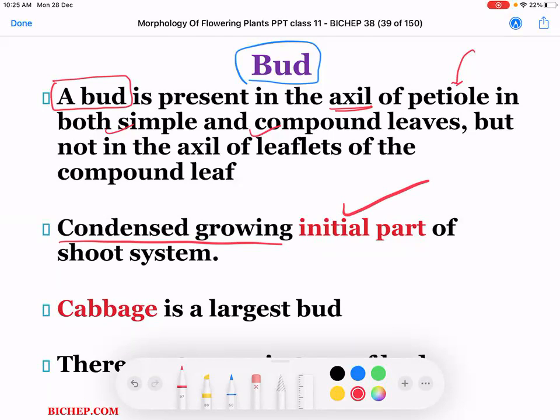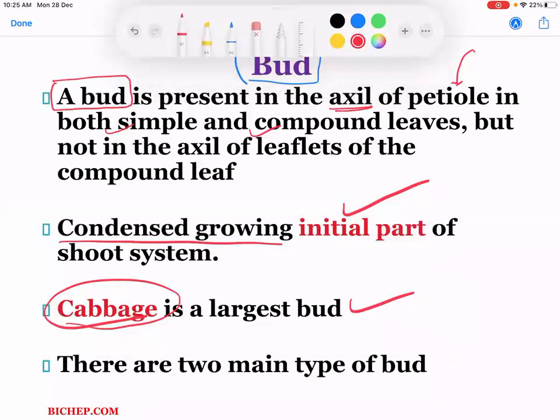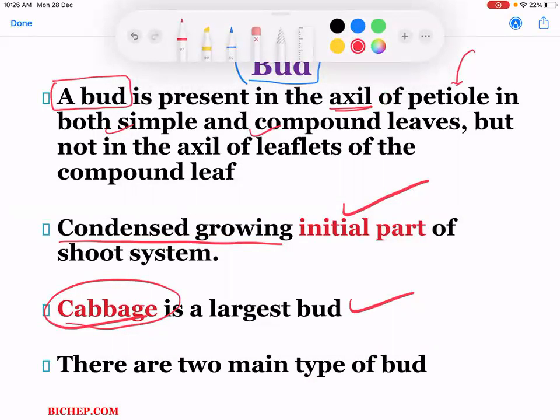The cabbage itself is the largest bud. All of us have seen the cabbage. Ready? So if you cut a cabbage down the middle, you have this kind of structure.